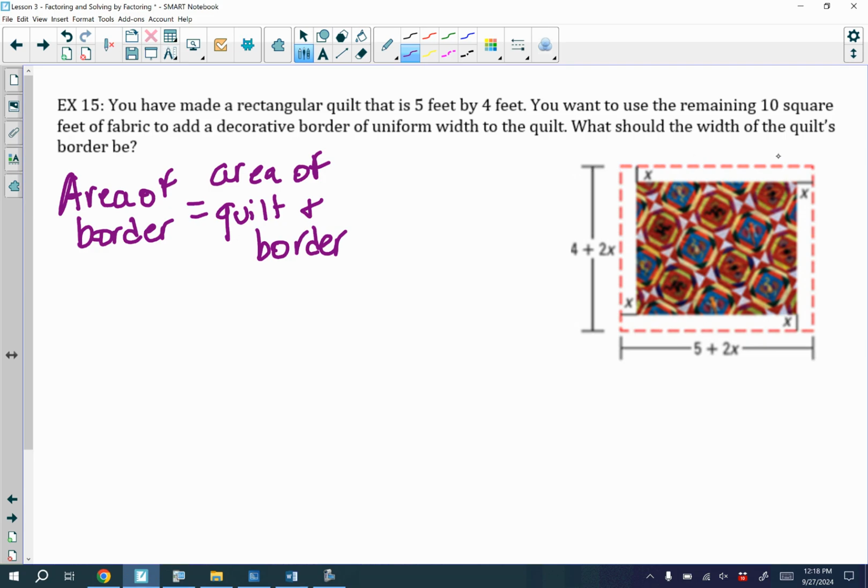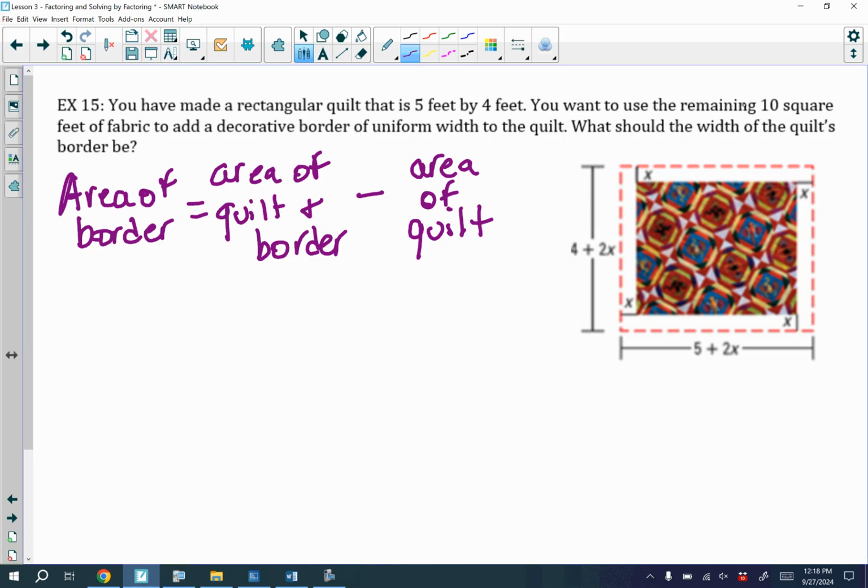To find the area of this dashed red, we need to take the total minus what we know in the middle, which is just the area of the quilt. How do we know we want to find the area of the border? Because it says, what should the width of the quilt's border be? That's the whole main idea. We're trying to figure out this width here. So the area of the border, we've got to figure out what that is.